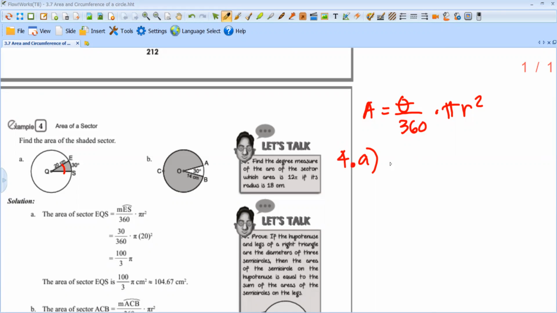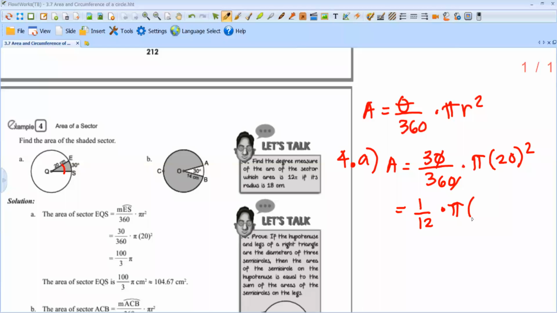So the angle given is 30 over 360 times pi, r is 20 centimeters, then square it. So as simple as that. So that is divide by 3, that's 1 out of 12, right? Times pi times 400. So get this and you'll get the area.